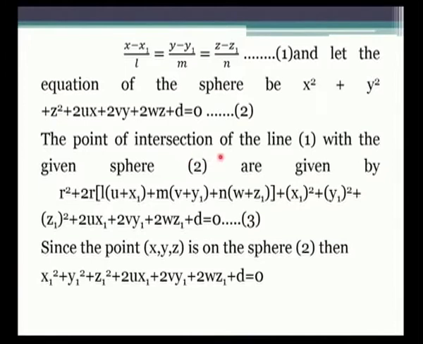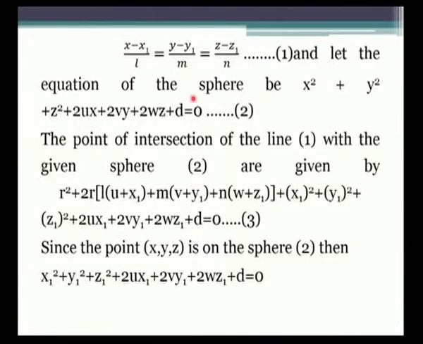Now, the points of intersection of line 1 with the given sphere are given by this expression: r squared plus 2r into (L into (u plus x1) plus m into (v plus y1) plus n into (w plus z1)) plus x1 squared plus y1 squared plus z1 squared plus 2ux1 plus 2vy1 plus 2wz1 plus d is equal to 0.